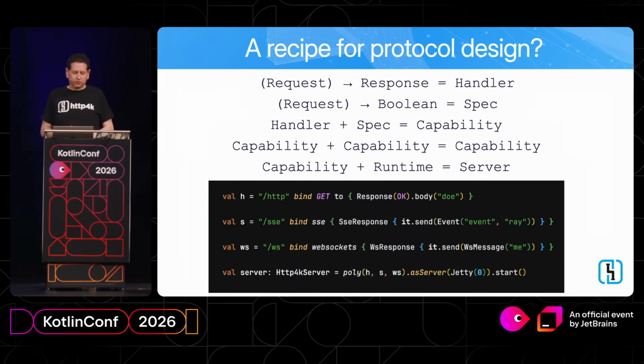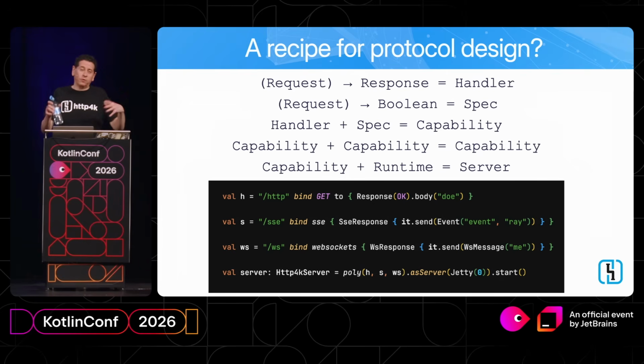So if we look at what that looks like for HTTP, service events and WebSockets, this is the DSL that we did iterate towards. This wasn't the way it was originally, but we managed to pull out the abstraction and remodel everything using the same kind of routing mechanism, which was a very satisfying piece of work.